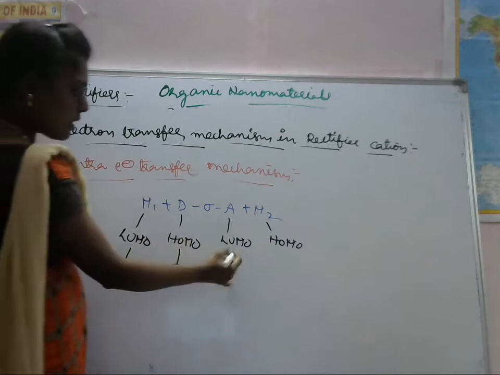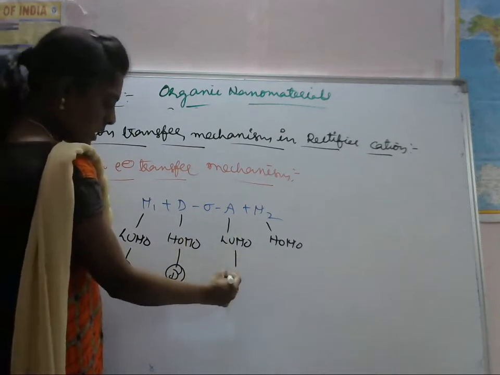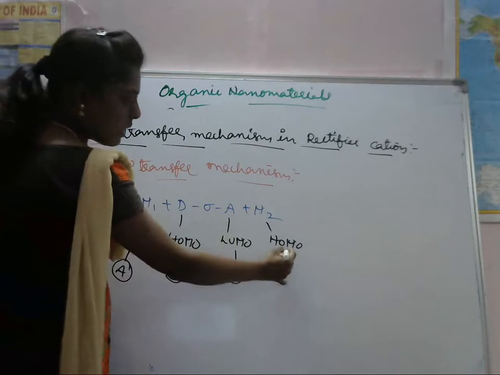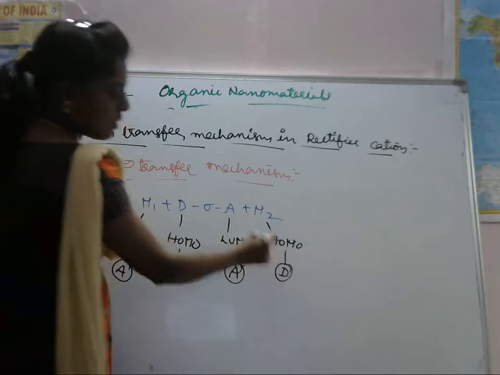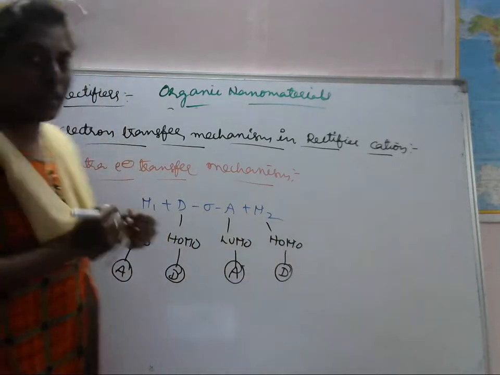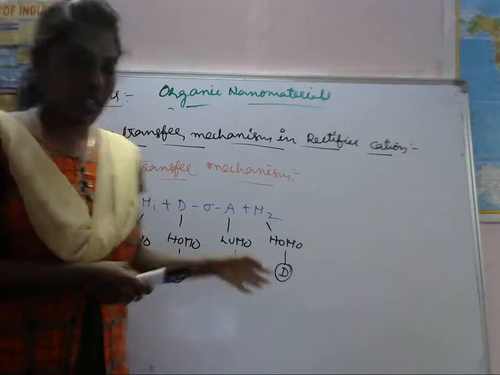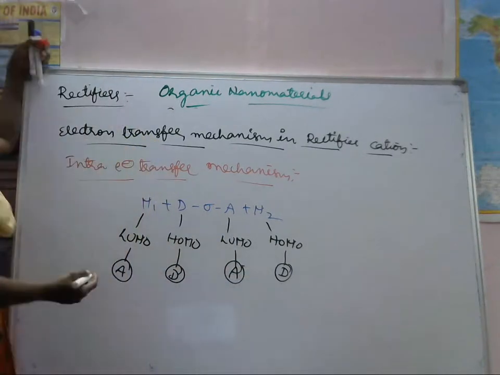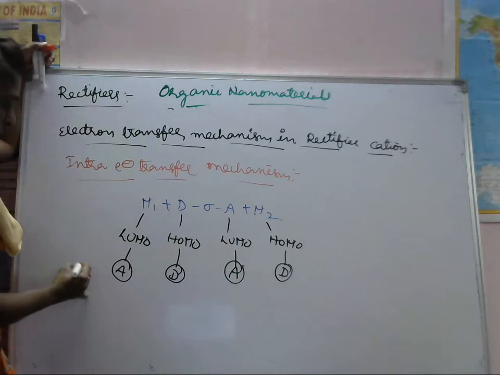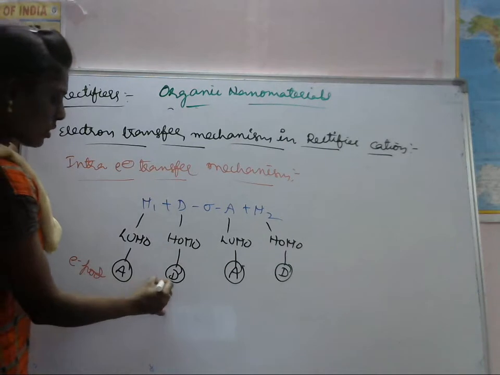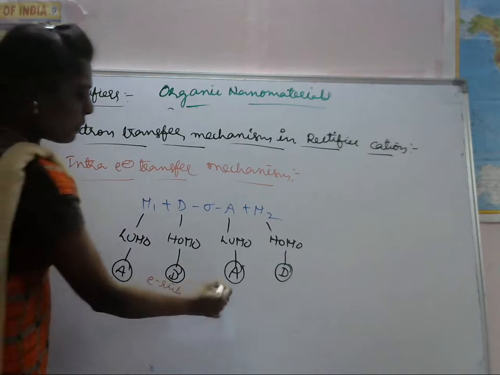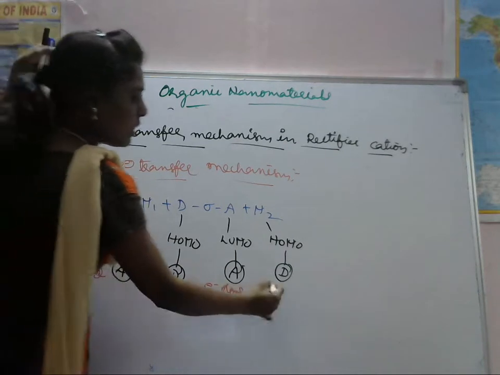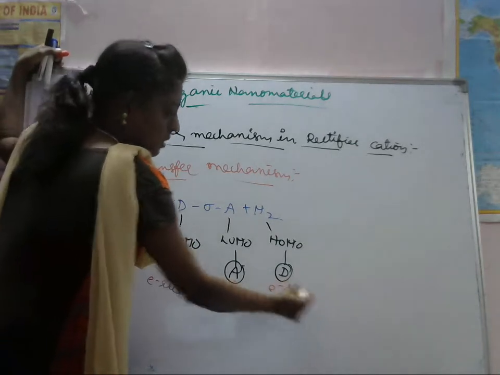Here again it is acceptor and donor, because highest occupied molecular orbital means more electrons will be present on that one. Here this is said to be electron poor, here electron rich, electron poor, electron rich.